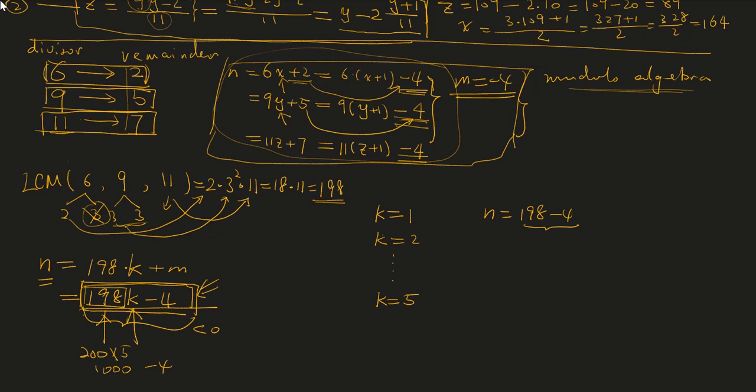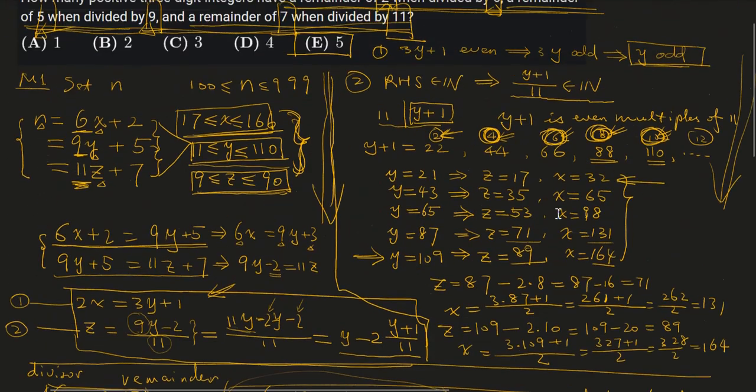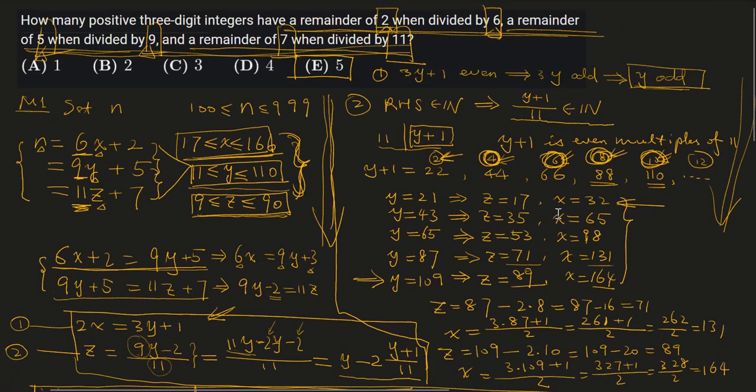Therefore, the max value that k can take is 5. So how many possible values of n? That is 5. Let's look at the choices. The question is, how many positive three-digit integers satisfy these conditions? The answer is 5. E is our choice.